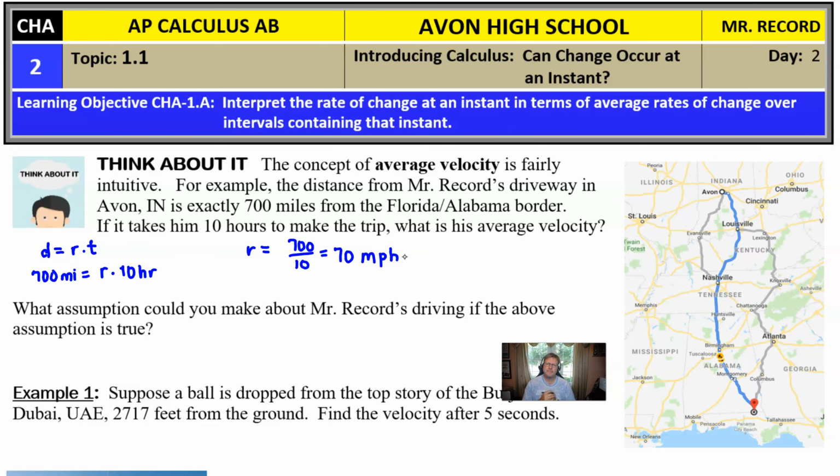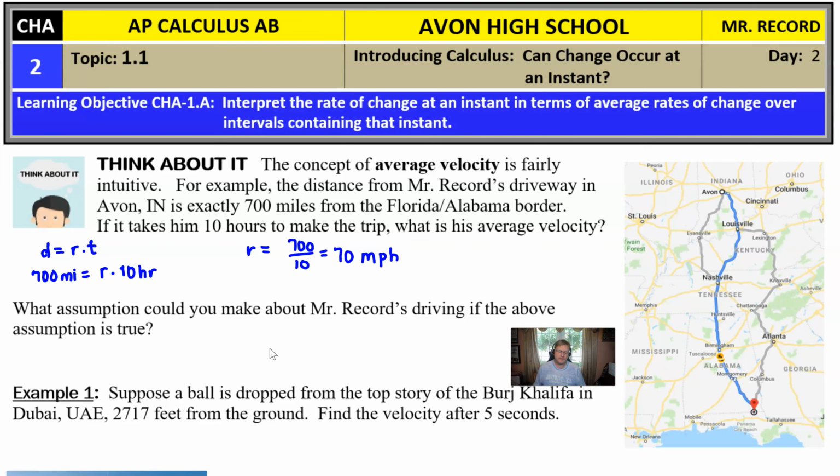Now, that's kind of interesting, because what kind of assumption could you make about my driving? I think I was speeding, wasn't I? The reason you know that is that the maximum speed limit in most states on the interstate is 70 miles per hour.